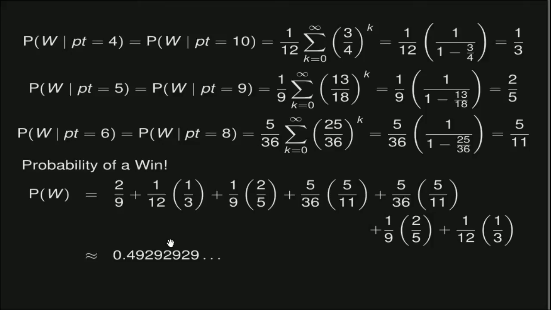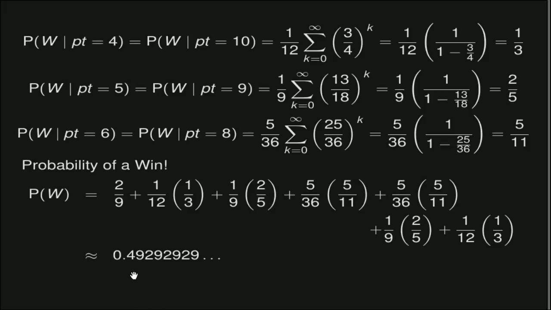And so ultimately, our final probability of actually winning a game of craps will only be 0.4929292929 repeating. That's kind of interesting in that your probability of winning is going to be less than half, slightly less than a fair coin flip.